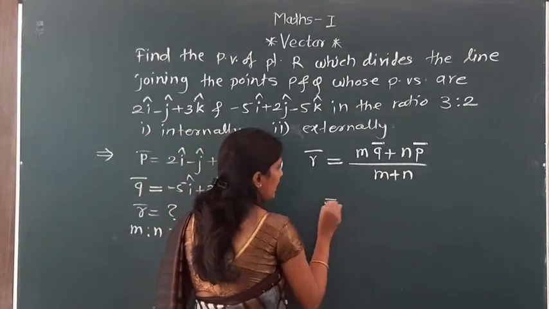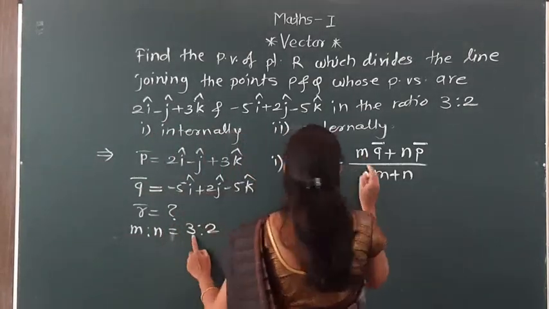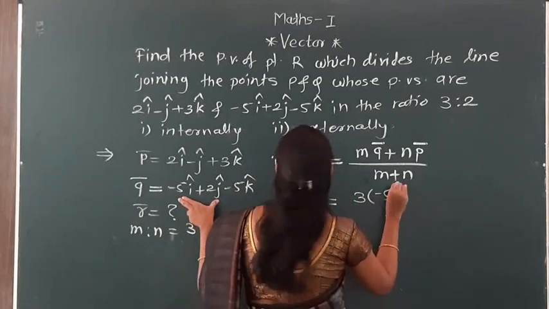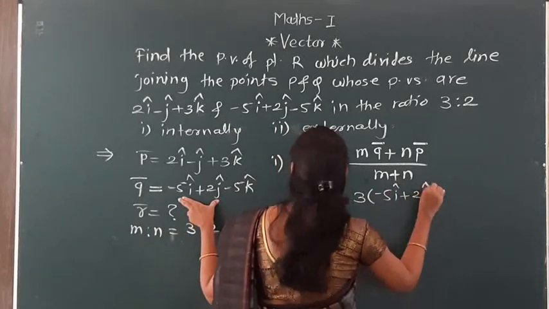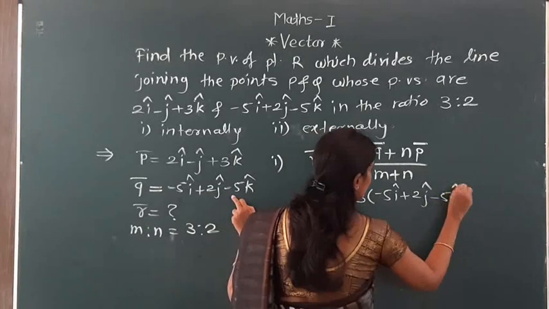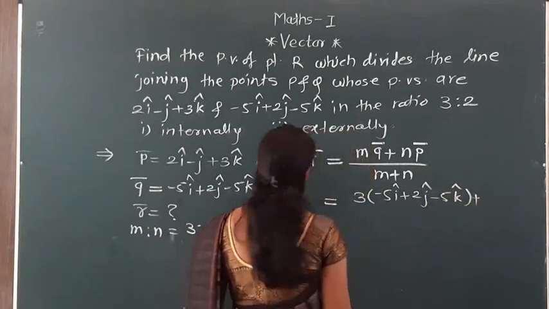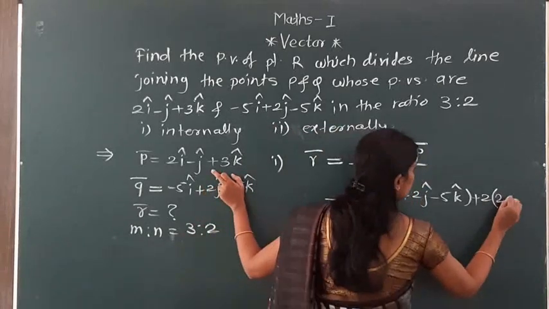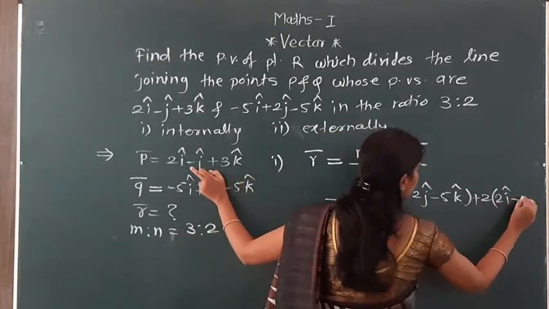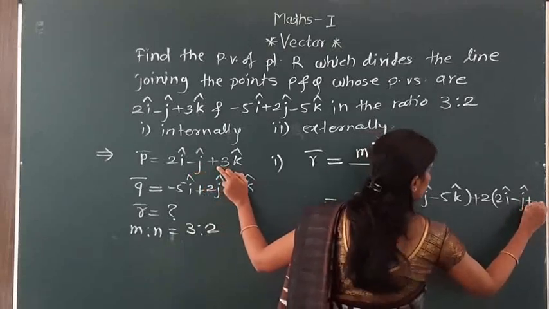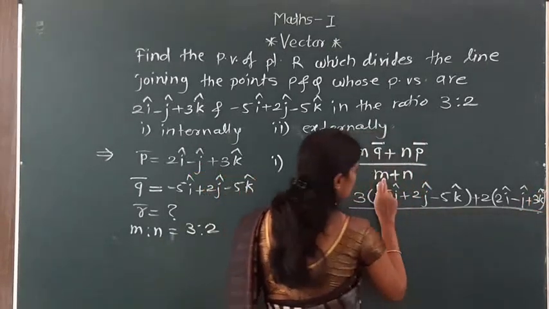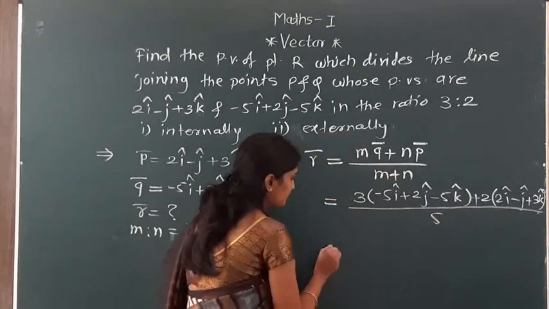So here R bar is equal to 3 times (minus 5i cap plus 2j cap minus 5k cap) plus 2 times (2i cap minus j cap plus 3k cap) divided by 3 plus 2, which is 5.